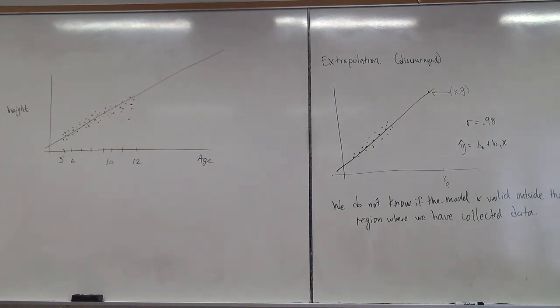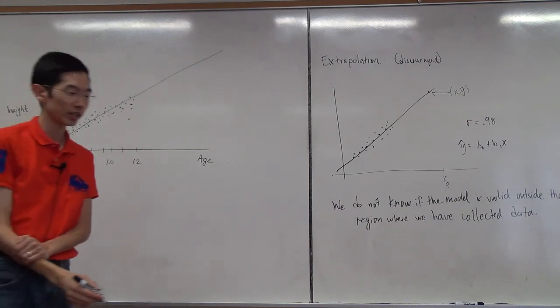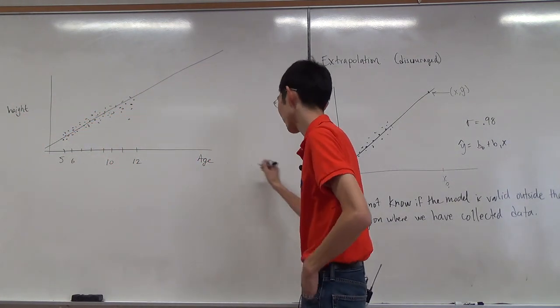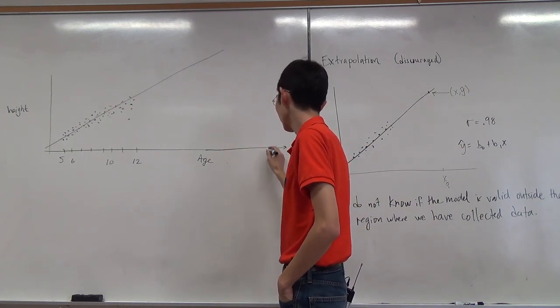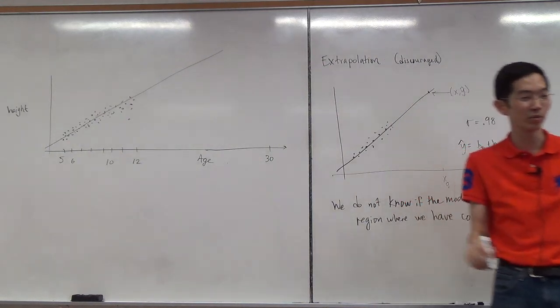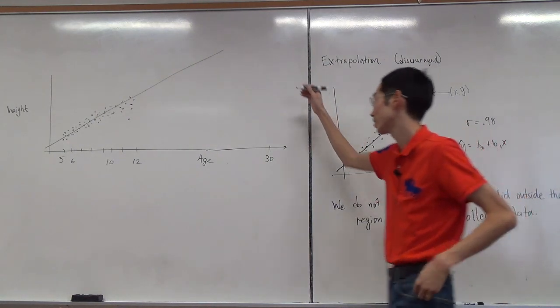So we might be tempted to extrapolate what the average height of a person would be at age 30 or something. We could extend this out to age 30, and we might be predicting that people are going to then be 8.5 feet tall or something.